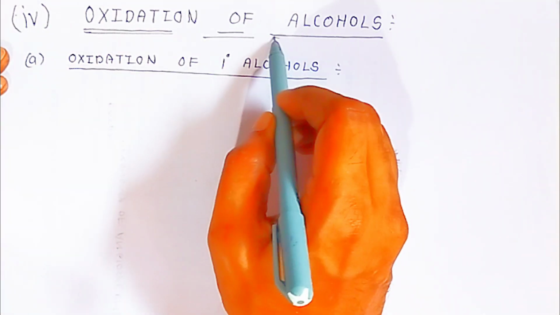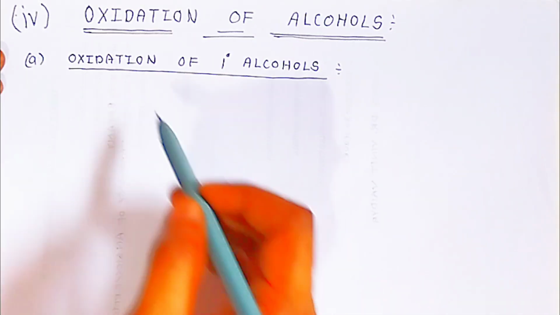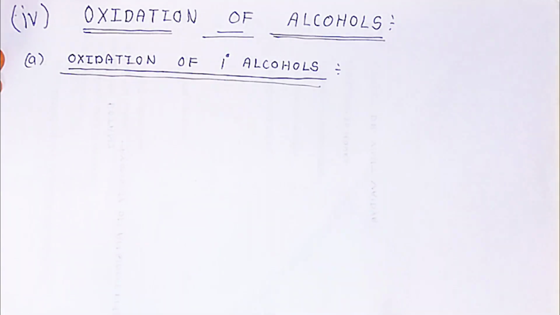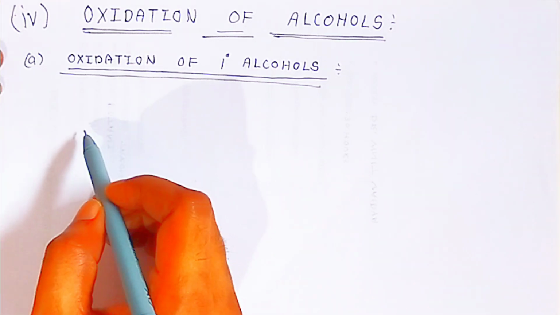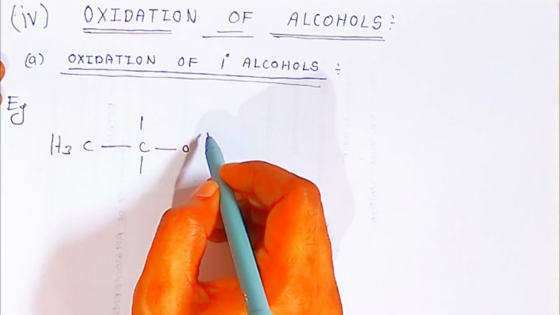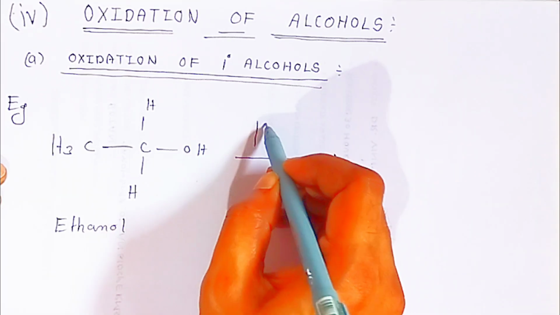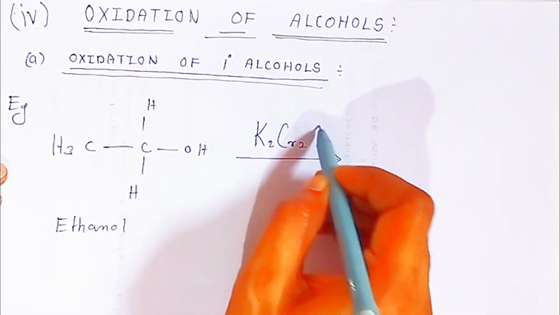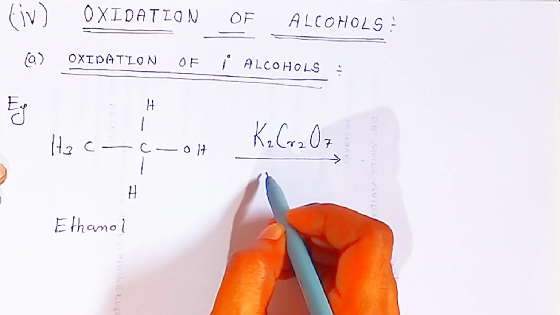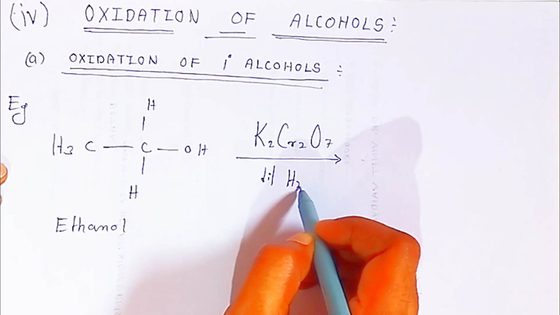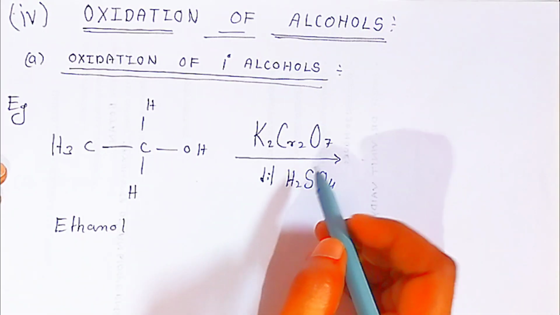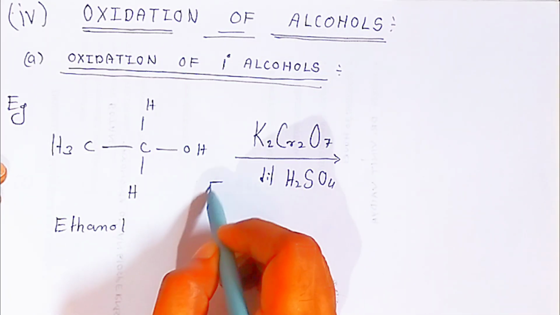Students, how does the oxidation of alcohol take place? First we are going to see the oxidation of primary alcohols. A primary alcohol, students, a simple example is ethanol. Now, in the presence of the oxidizing agent K2Cr2O7 plus dilute sulfuric acid, nascent oxygen is produced.